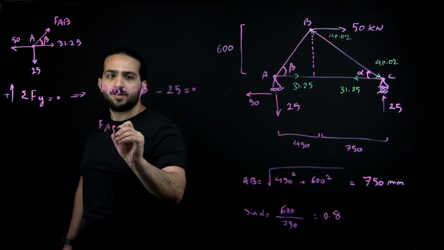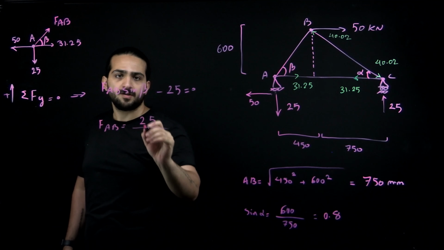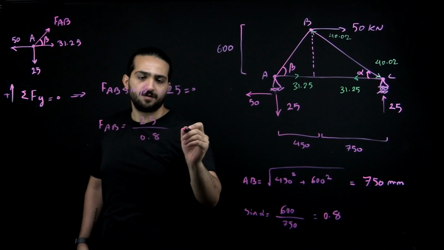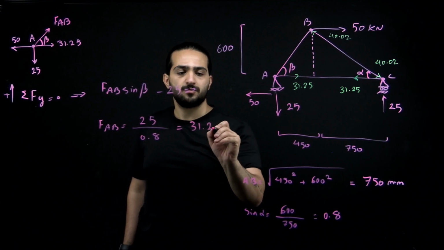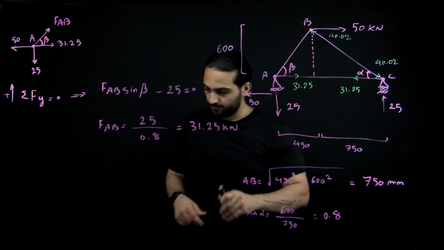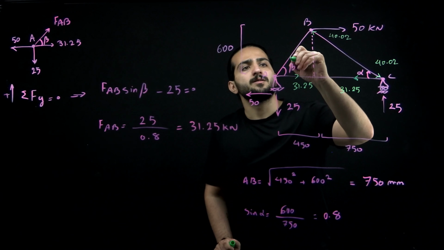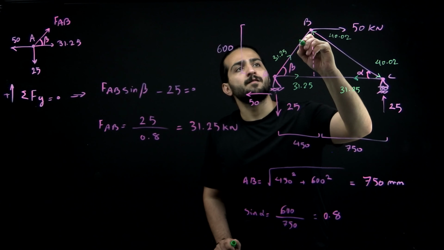Here FAB would be 25 divided by sine of beta, or 0.8, which gives us an FAB equal to 31.25 kN. So this will also be 31.25.